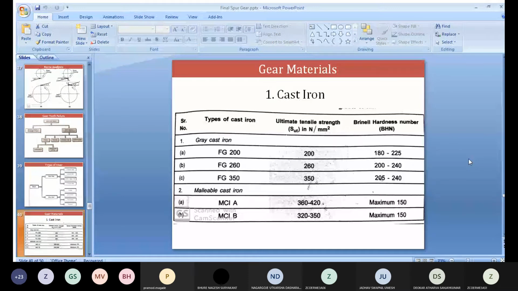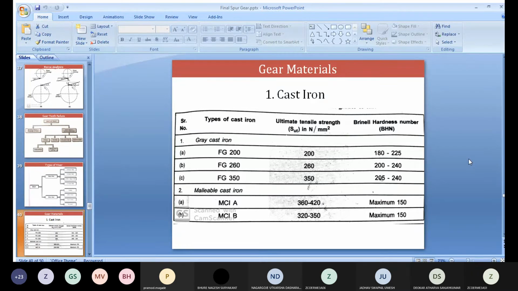Cast iron is basically the first material we need. So write down: the material used for gears denotes the strength and service condition.